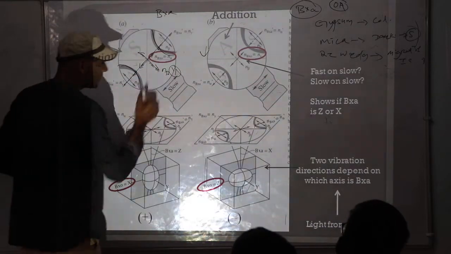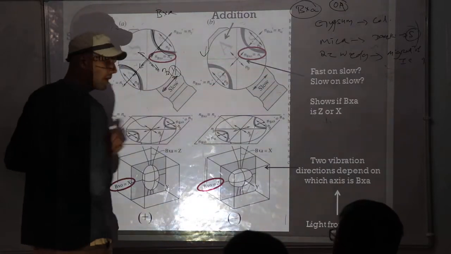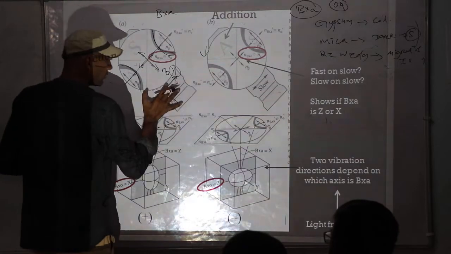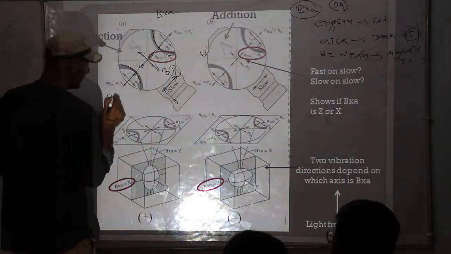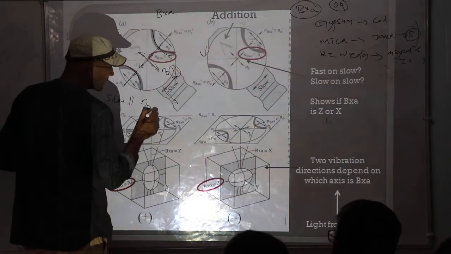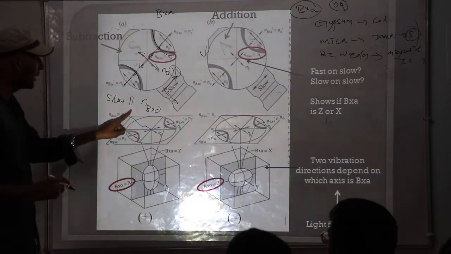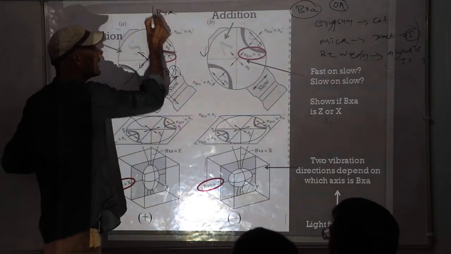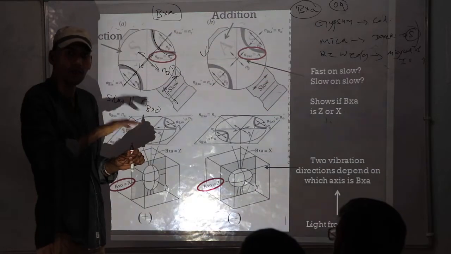You are inserting the accessory plate. This is the slow vibration. You know that this is the slow, this is the fast. So you are entering the slow vibration, and slow vibration is parallel to n BXO. Any doubt here? That is parallel to n BXO. Why? Because you are viewing a BXA section, that means a section which is perpendicular to BXA.